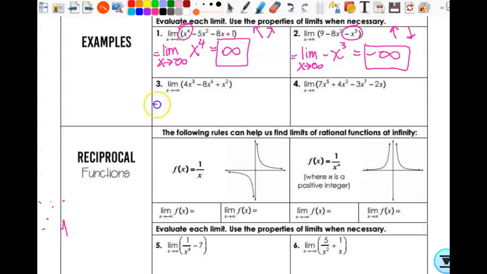All right, on number 3, this is equal to the limit as x approaches negative infinity. What's my leading term? Negative 8x to the 6th, right? So that's even, which means that the ends are the same. It's negative, so that means it's down, down. So what's my answer? Negative infinity.